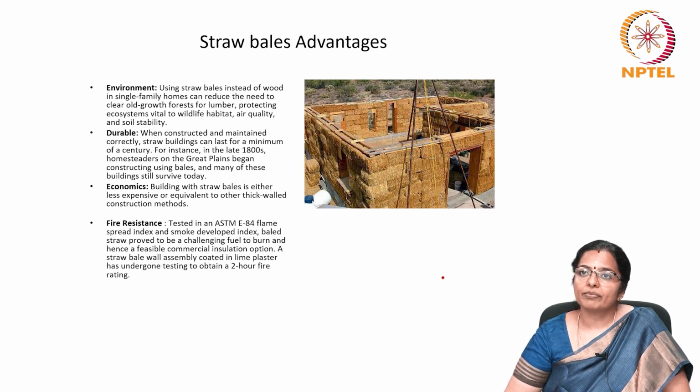It is durable when constructed and maintained correctly. Straw bales can last for a minimum of a century. For instance, in the late 1800s, homesteaders on the Great Plains began constructing using bales, and many of these buildings still survive today. They are also economical and less expensive.